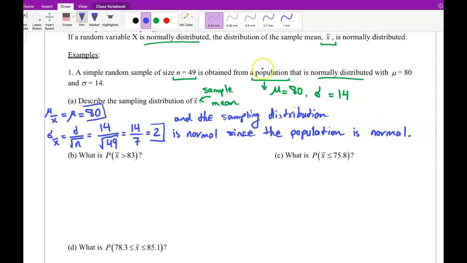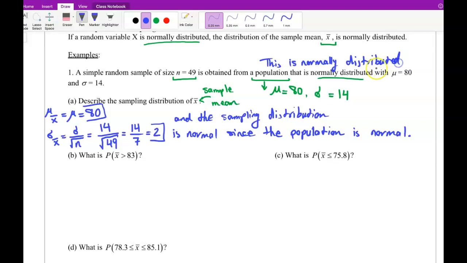So in this example, this is normally distributed.